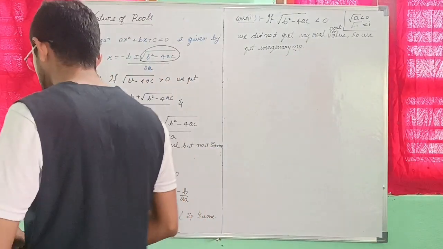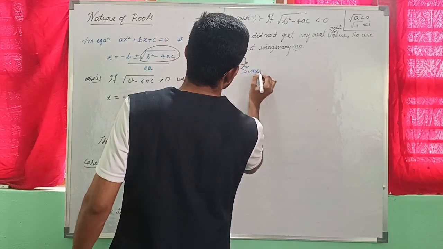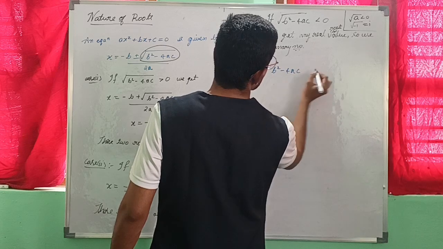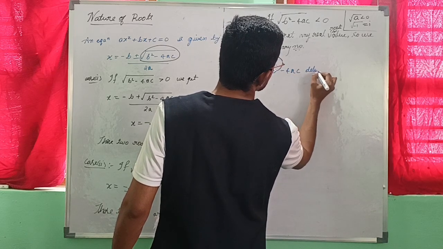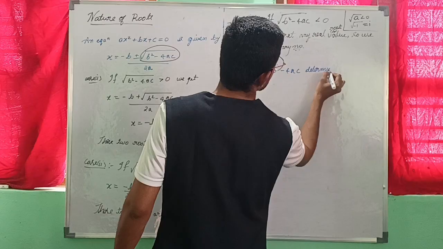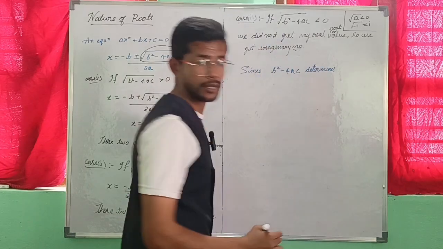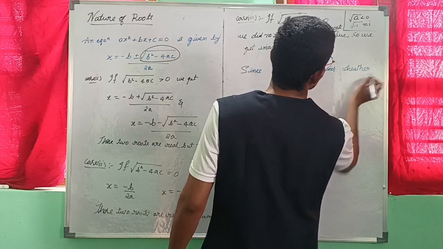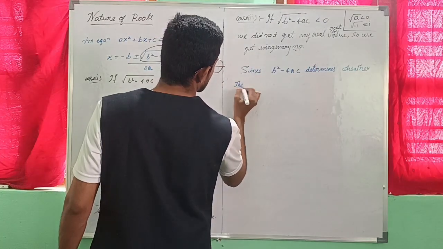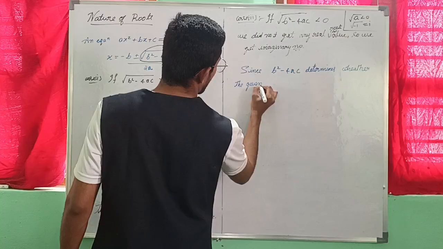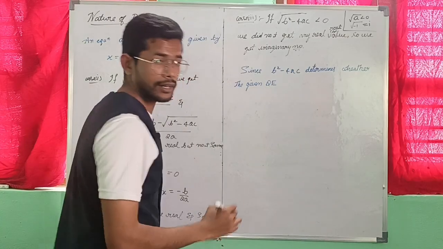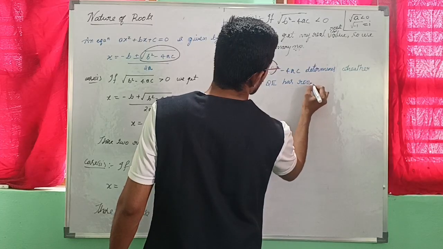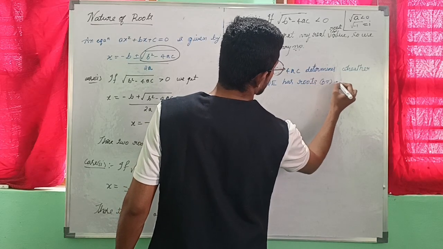Continuing with this, this b square minus 4ac determines whether the given quadratic equation has roots or not.